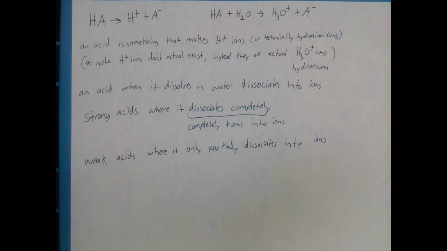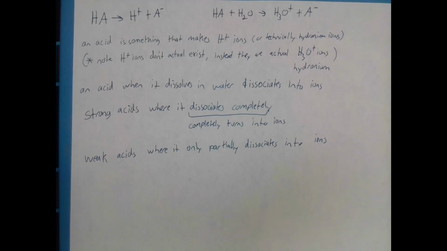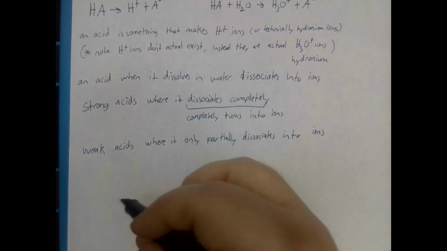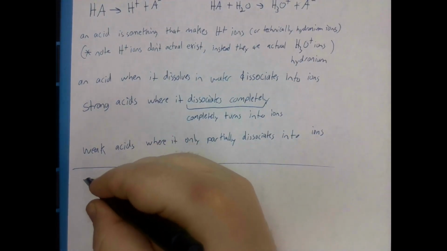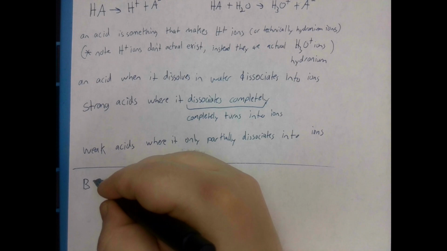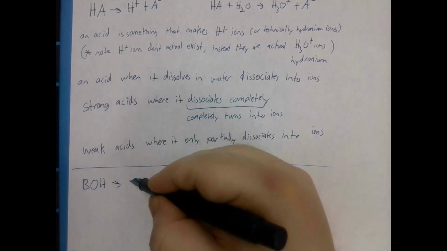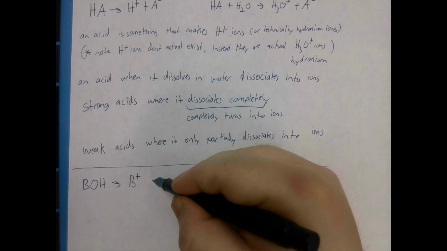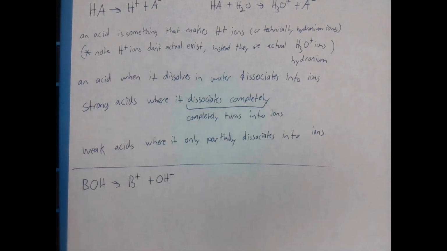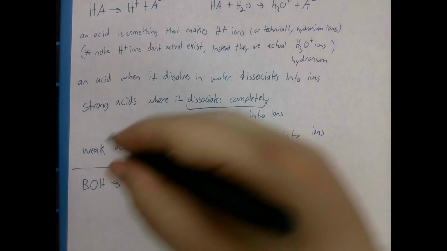They use A for acid, I think B for base. Bases have the same definition, except it's going to be a B and OH, and it turns into B plus and OH negative ions. Everything is the exact same.